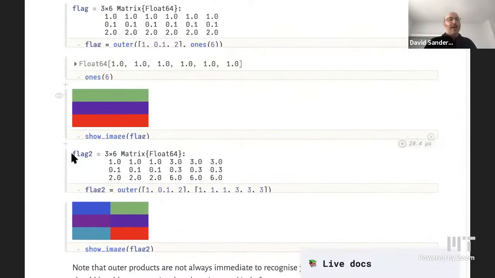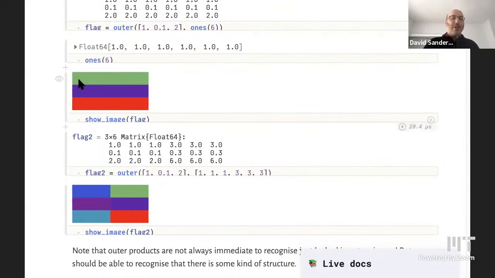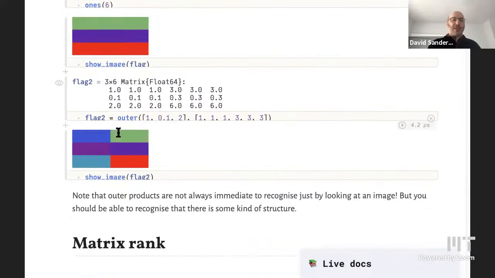And so I showed these last time. These are visual examples of that. So flags often have a sort of low rank structure. For example, a rank 2 matrix will be a sum of 2 of these things. And we always get these checkerboard kind of patterns when we look at rank 1 matrices, as we saw last time.